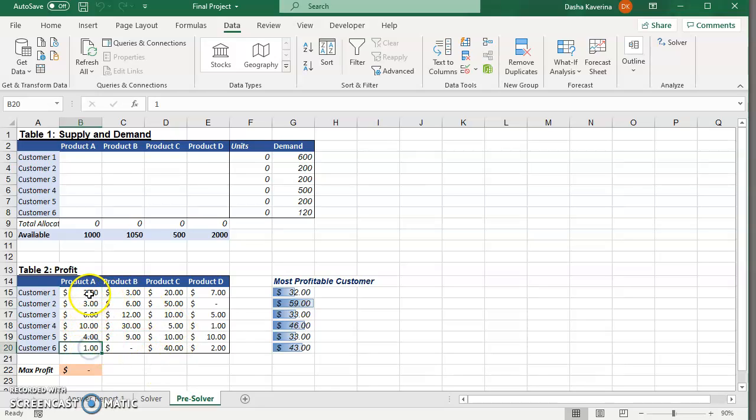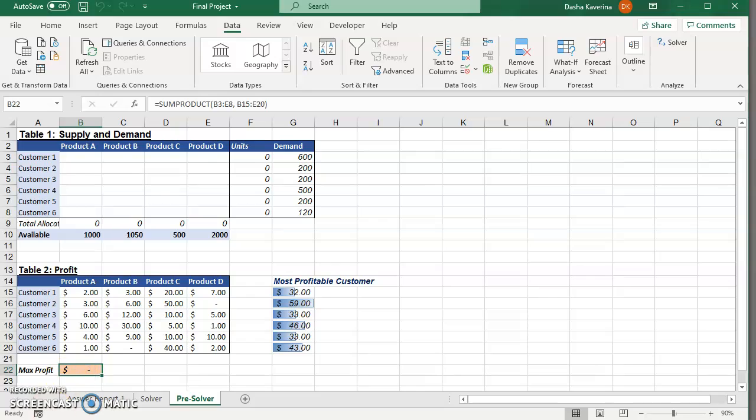And we see that there are some items that are not very profitable, and some with pretty high profits. So again, because we're a for-profit organization, our goal is to maximize profit.